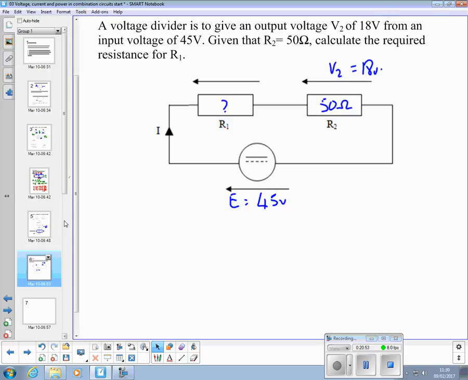Do you want to do that? What do you say? 45 volts. No, 45 over 18.